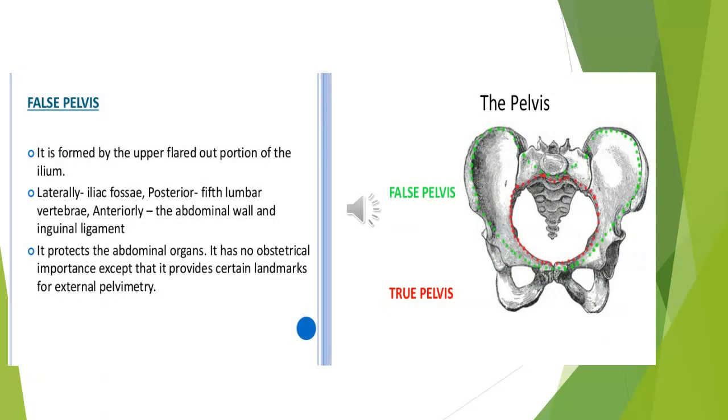Laterally the iliac fossa, posteriorly the fifth lumbar vertebra, and anteriorly the abdominal wall and the inguinal ligament will come. It protects the abdominal organs, and it has no obstetrical importance except that it provides certain landmarks for external pelvimetry.